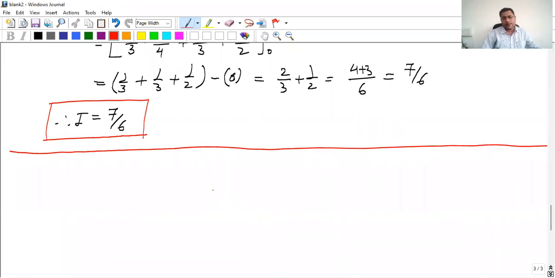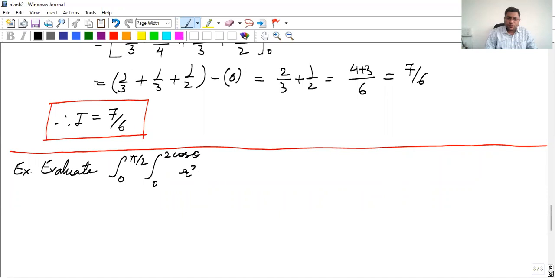Now if we see the Cartesian coordinates, then we can have the polar coordinates also. So what happens in polar coordinates? Let us try to solve one example. Evaluate the integral from 0 to pi by 2, 0 to 2 cos theta, r square dr d theta.